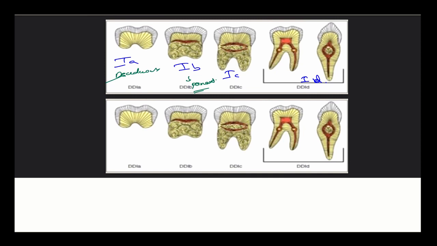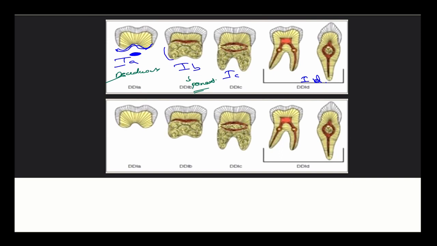Now let us see what happens. In 1A there is no detectable root at all, no root, no pulp, and there is frequent periapical radiolucency.